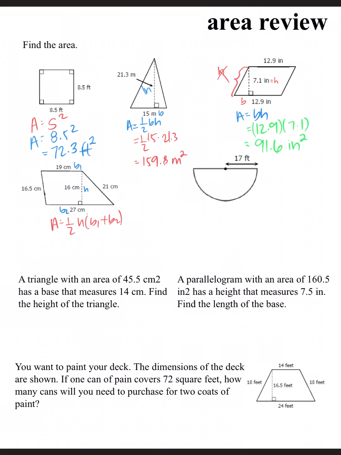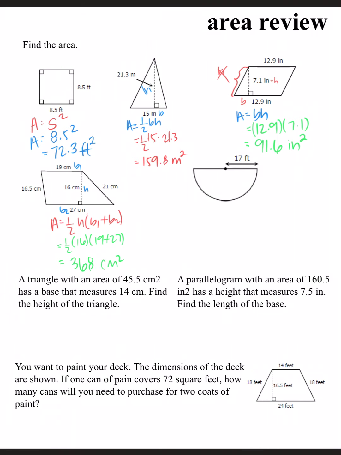Note that a lot of our heights are shown with dotted figures. These slants, any slanted lines right here like that, are not heights. So we have 1/2 times 16 times 19 plus 27, 368 centimeters squared.